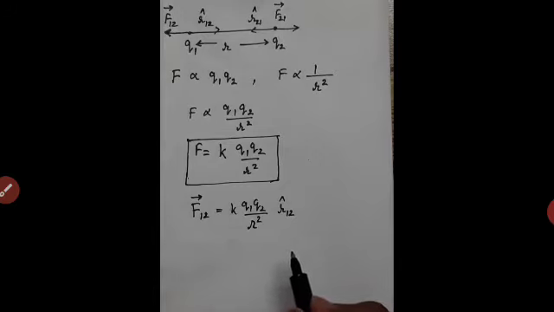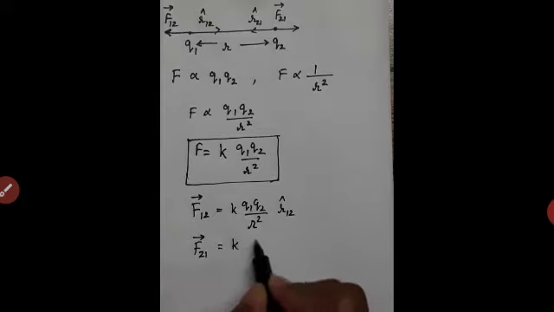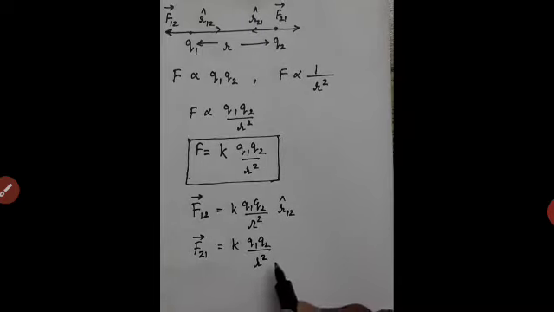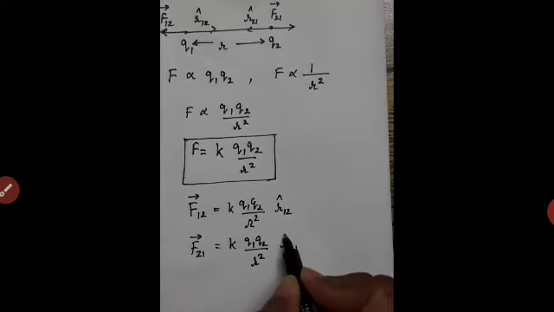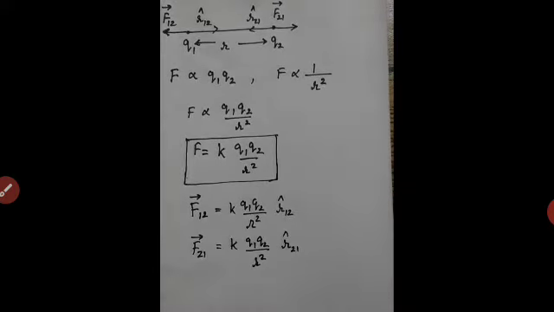Now let us write the equation of force F21. This is read as force acting on charge 2 due to charge 1. It is given by K, product of the magnitude of charges divided by r square. Now the direction is changed, thus direction is unit vector r21.